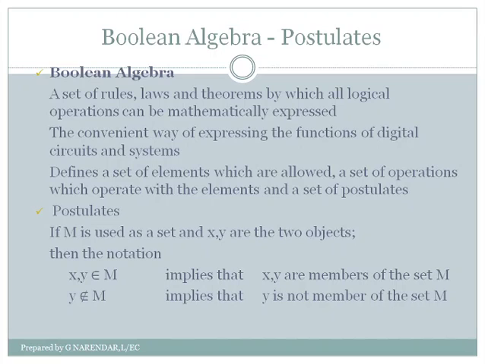If M is a set and x, y are two objects, then x, y belongs to M implies that x and y are the members, the elements, of the set M. Similarly, y doesn't belong to M means y is not a member of the set M. These are the notations that we will be using when we discuss the postulates.